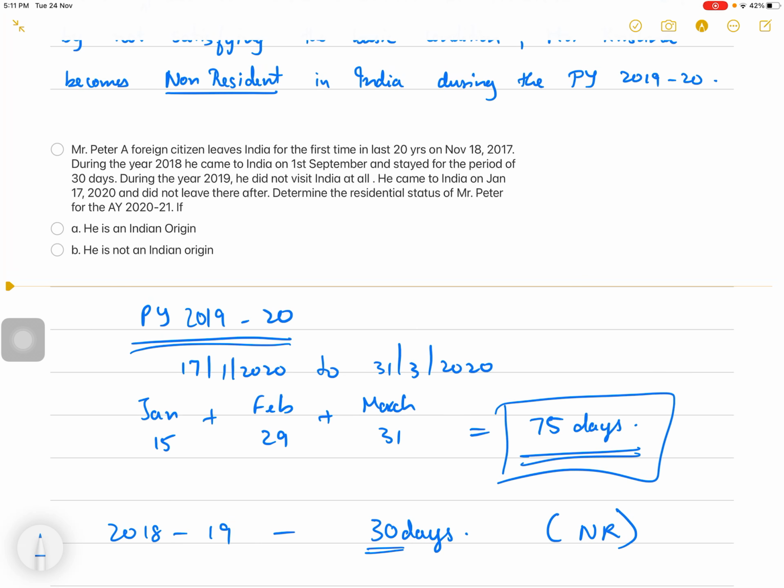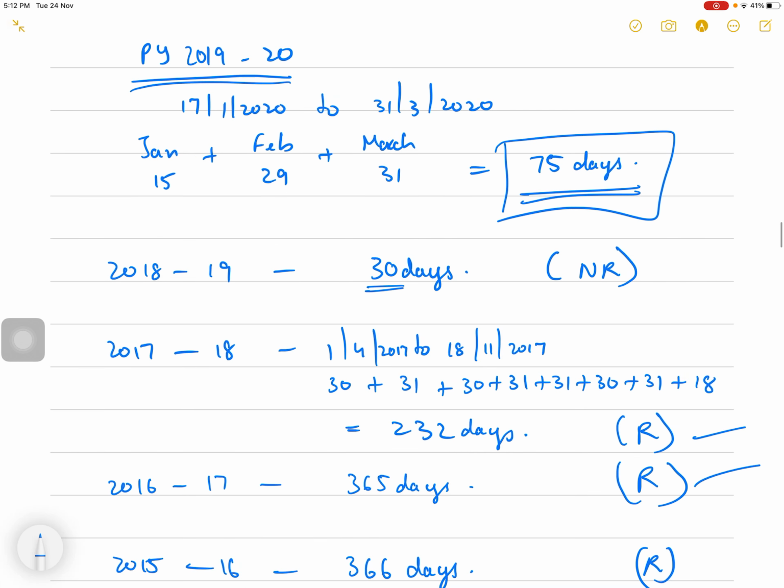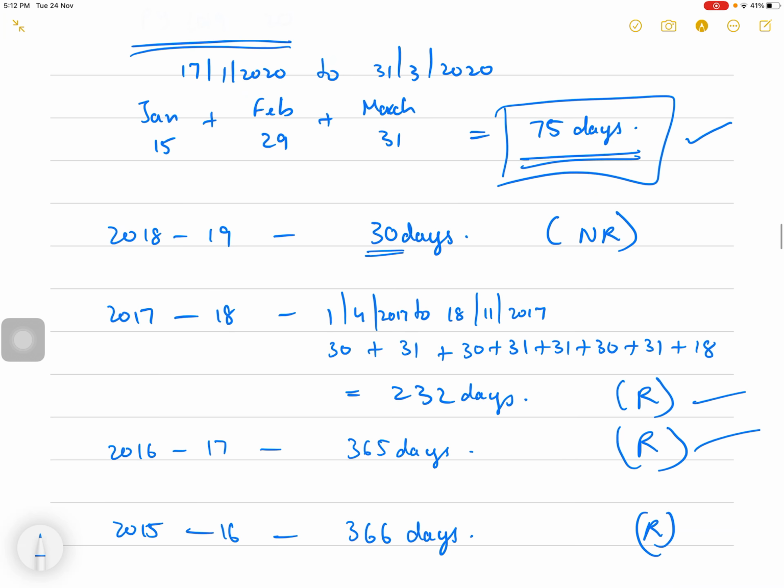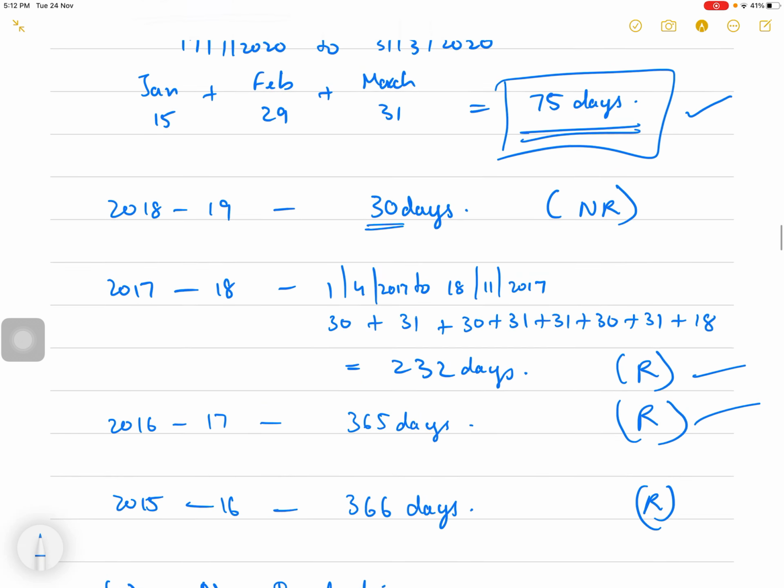For the first part, he is of Indian origin. If he is of Indian origin, he is non-resident. Now, he is not of Indian origin. In that case, the first basic condition he does not satisfy, but he satisfies the second basic condition. His stay in India during the previous year 19-20 is more than 60 days, right?